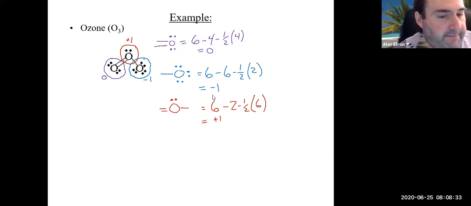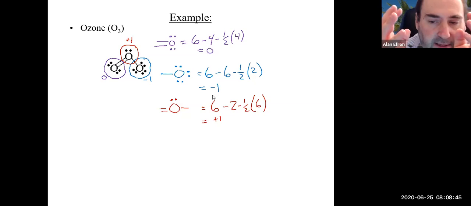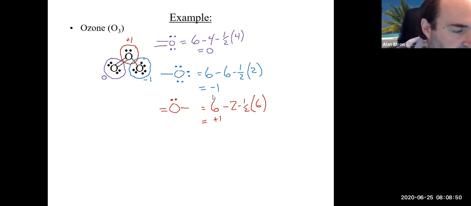If you follow those steps, you should hopefully end up with the correct structure when it's all said and done. Again, you don't want to draw them in piecework, each individual Lewis dot symbol, and then try to figure out how they all come together, because usually you'll end up with a picture that has the wrong number of bonds, too many electrons, and things like that.